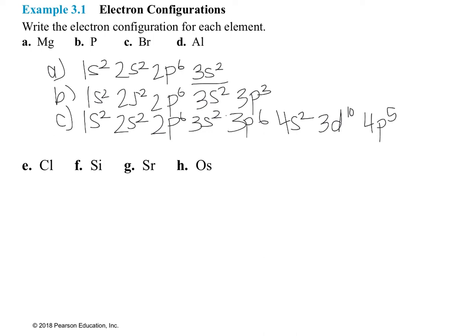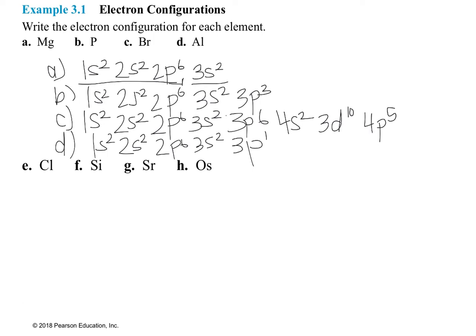Okay, aluminum is on the third row: 1s2, 2s2, 2p6, 3s2, and then it's that first one in the p orbital, 3p1. So you'll see where we hit our last p, where we have a full p shell, and if there's any additional, we could actually write our shorthand.